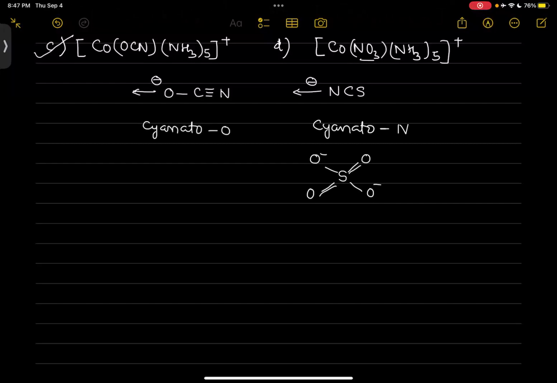Thiosulfato, as the name indicates, is sulfate with an oxygen replaced by S. Got it? Is it clear? When you draw the resonance structures in sulfate, the minus is going to come on another oxygen, this oxygen or this oxygen.